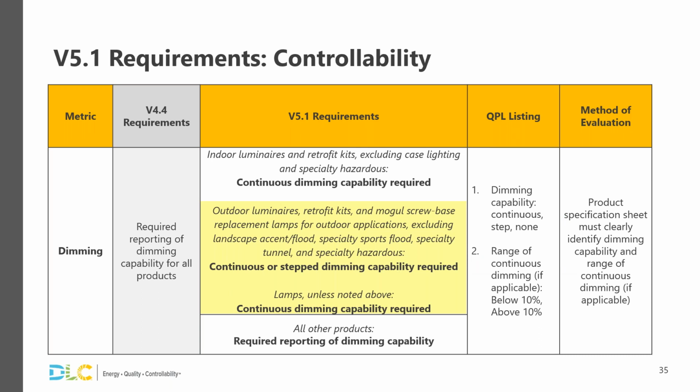What I've highlighted in yellow here are the changes relative to 5.0. So under 5.1, the outdoor luminaires and retrofit kits and replacement lamps must be capable of dimming. Starting with that outdoor category, and actually I should have mentioned outdoor luminaires, retrofit kits, and the Mogul screw base replacement lamps that are used in outdoor applications.